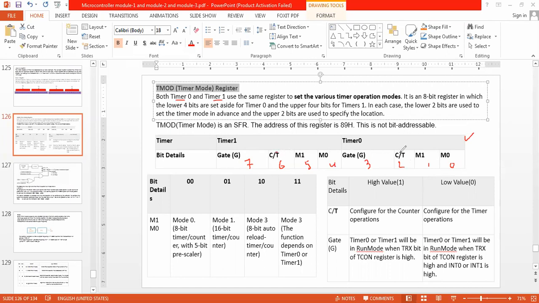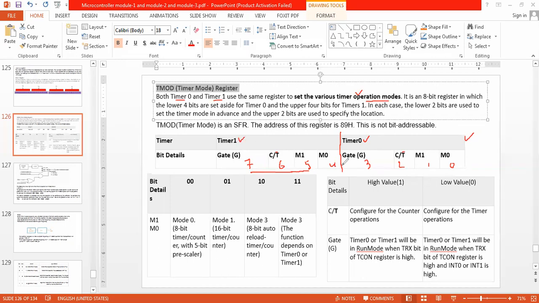In the previous class I told you bit 2 and bit 6 are timer bar. Here we have both sets. The lower nibble, the lower 4 bits, are going to set the operation modes for Timer 0, and the higher nibble is used to set the timer for Timer 1.